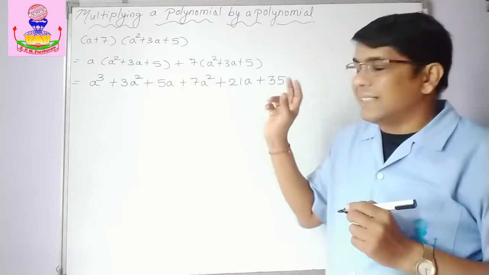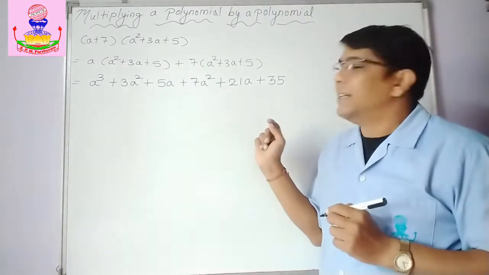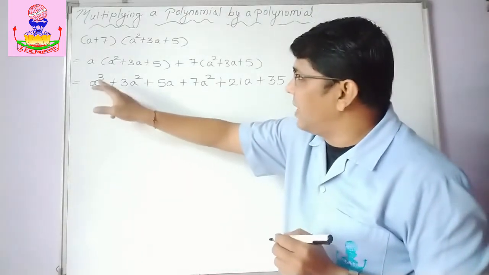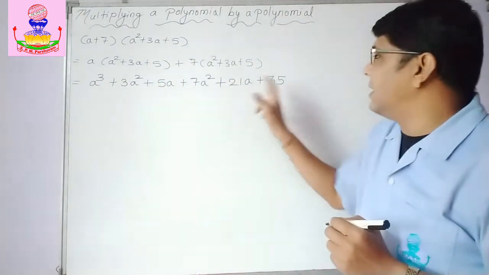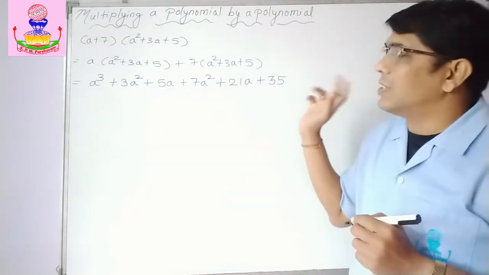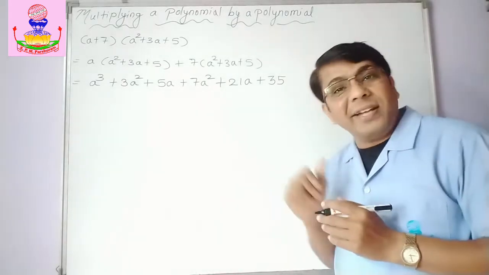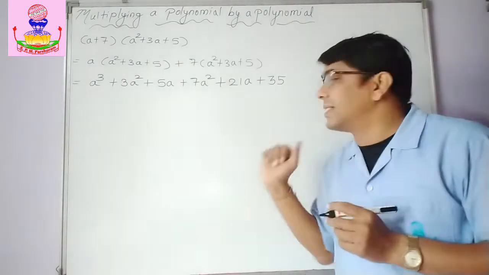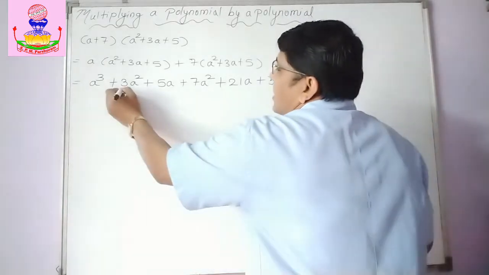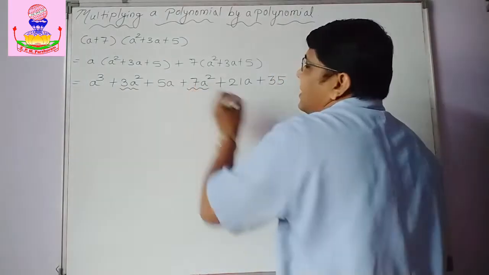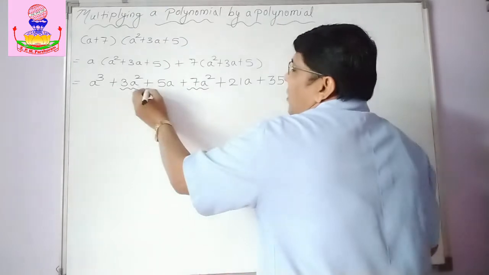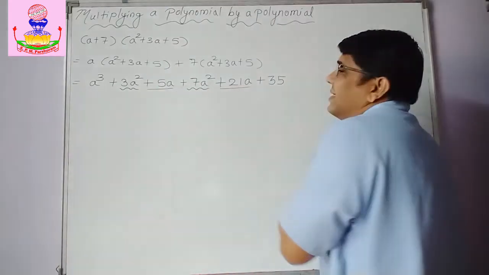Now see, there are similar terms here. Now how many terms did I get in my final answer? 1, 2, 3, 4, 5, 6. Okay, so 6 terms I have got. This is not my final answer because there are similar terms here. So see here, 3A square, 7A square, 5A, 21A.